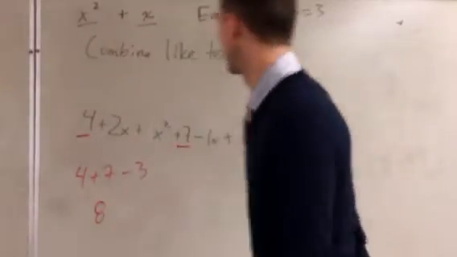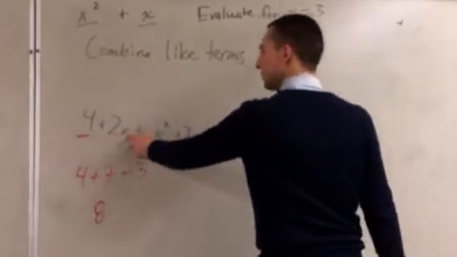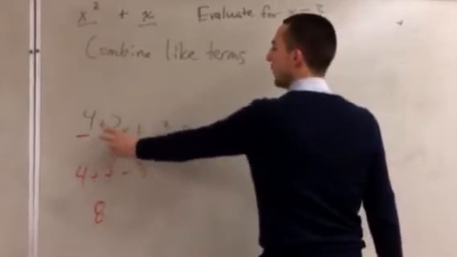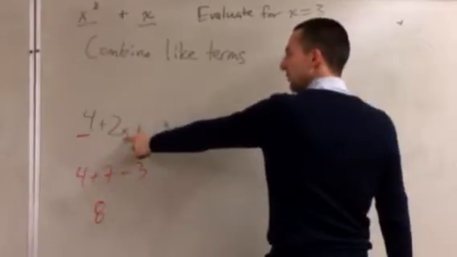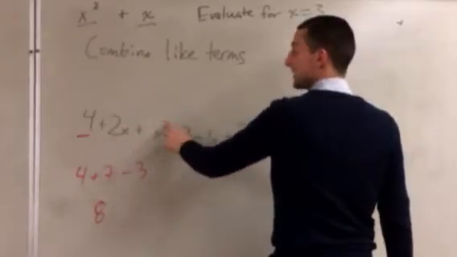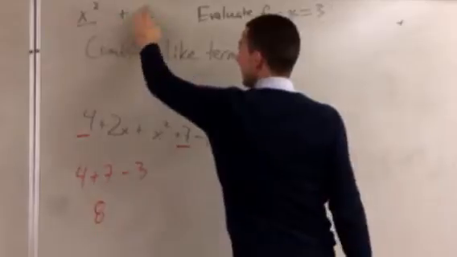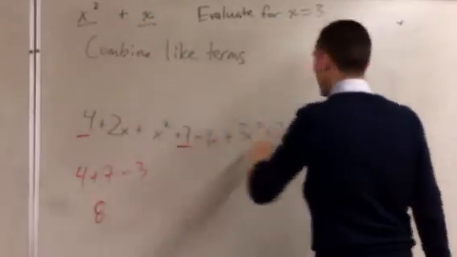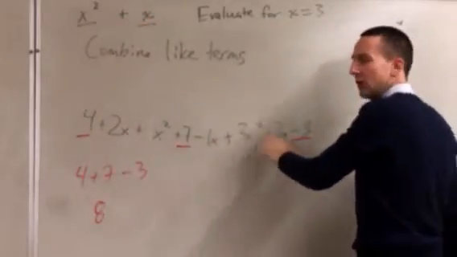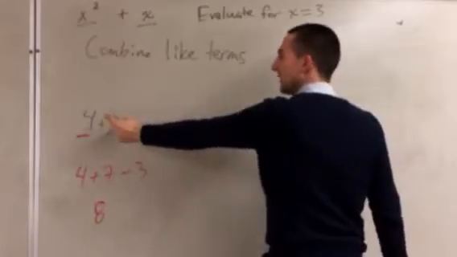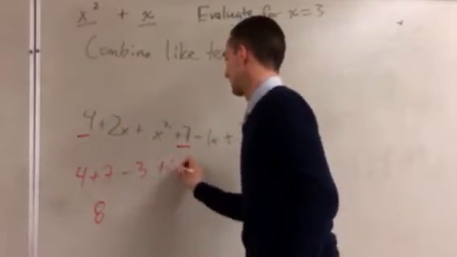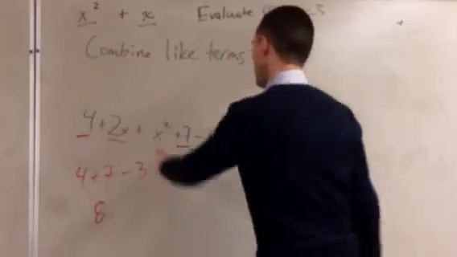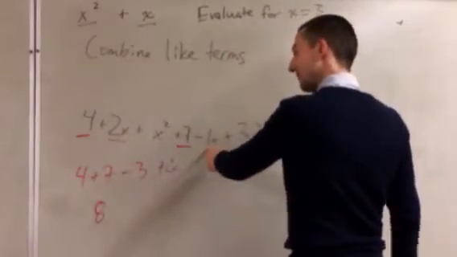Next one. Here we see plus 2x. This is looking for variable terms, terms with a variable, but only x, not x squared. They're not the same. And not y. Only x. So we have plus 2x. Nope, nope, yep.